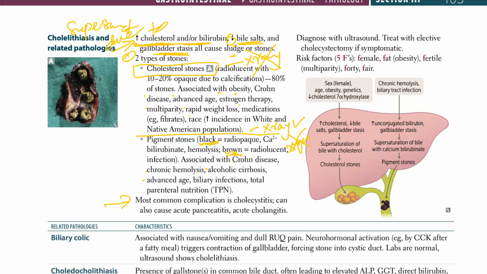The most common complication of cholecystitis is cholelithiasis, and this cholelithiasis can also cause acute pancreatitis, because the stone can block the main pancreatic duct, leading to acute pancreatitis or acute cholangitis.